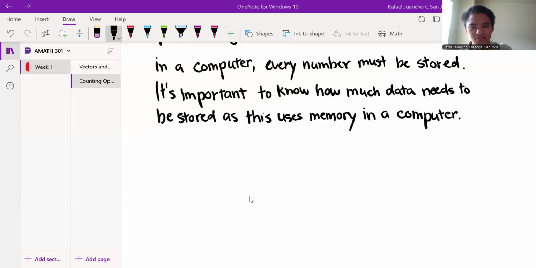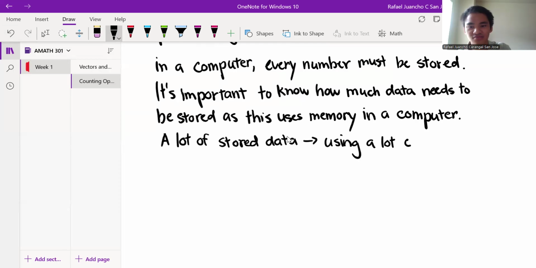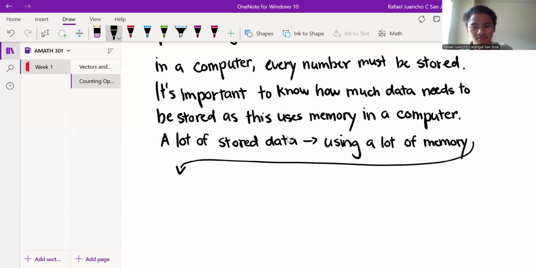So there's actually an important correlation to this. We're going to say a lot of stored data. If we store a lot of data, then we're using a lot of memory to do that, right? And if we use a lot of memory to do that, we're saying that energy goes to it.